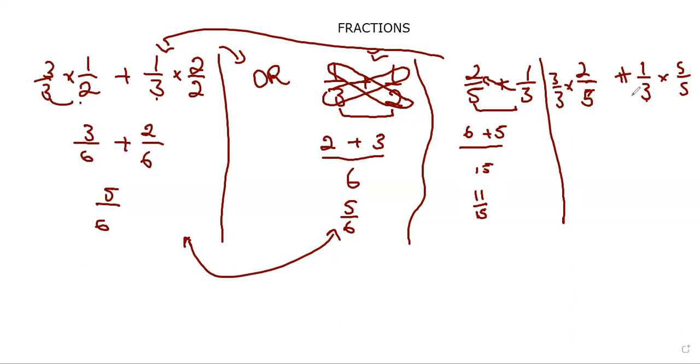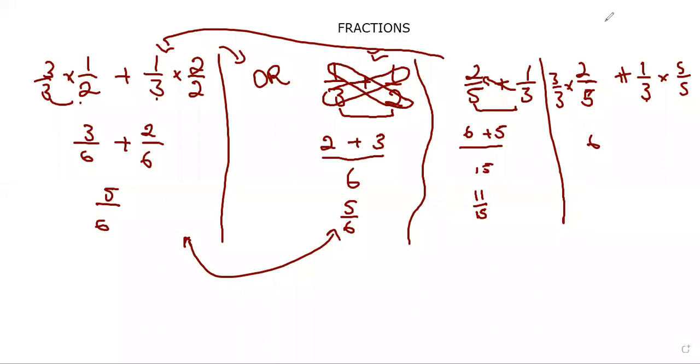The purpose of this method is to make these fractions have the same denominator. 3 times 2 is 6, over 3 times 5, which is 15, plus 5 times 1 is 5, over 3 times 5, which is also 15.